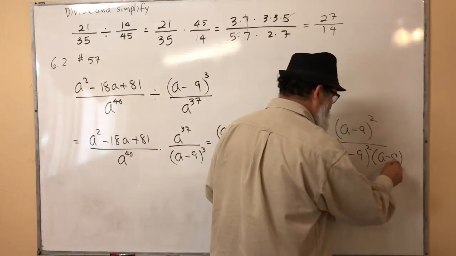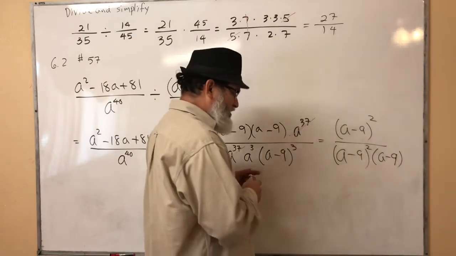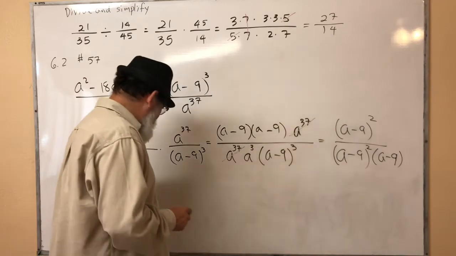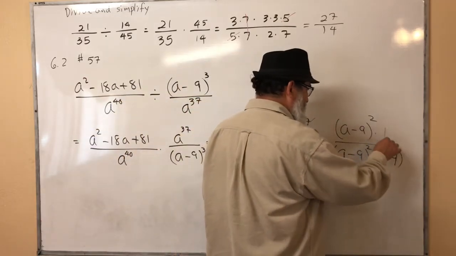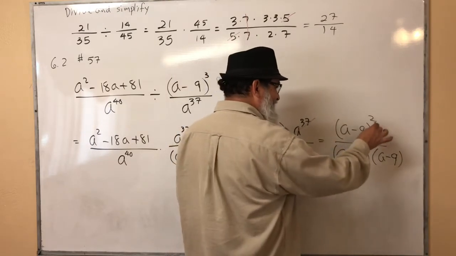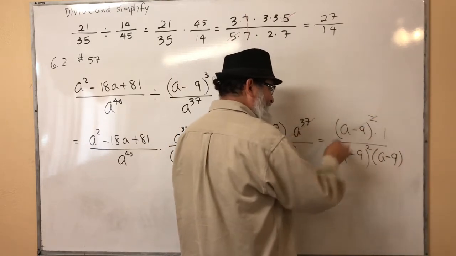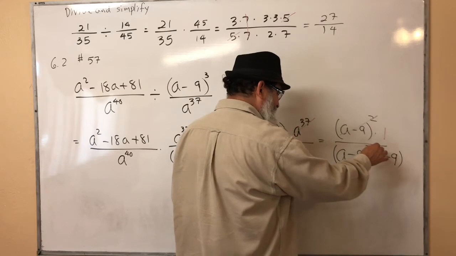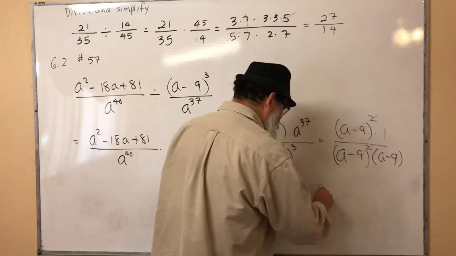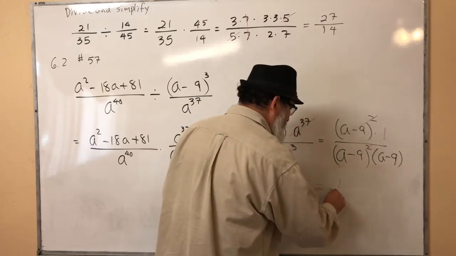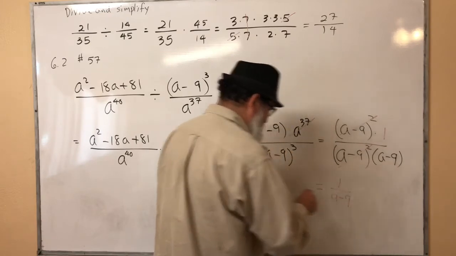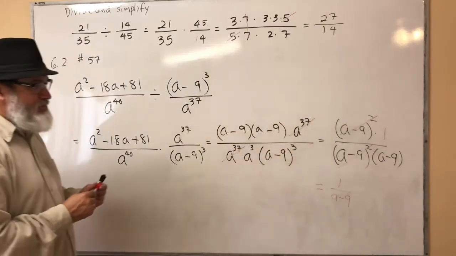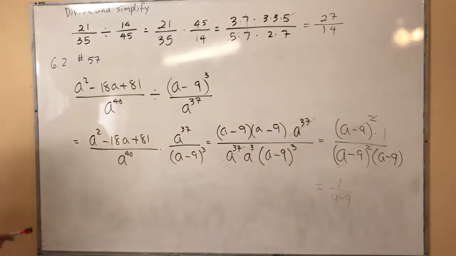And don't forget, times a 1. This a minus 9 to the second cancels this a minus 9 to the second, and what do we get? 1 over a minus 9. That's your answer.